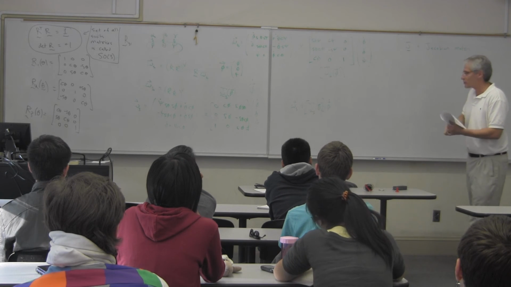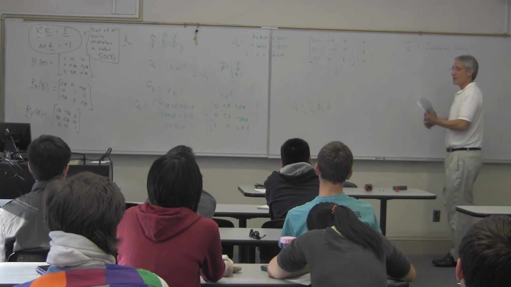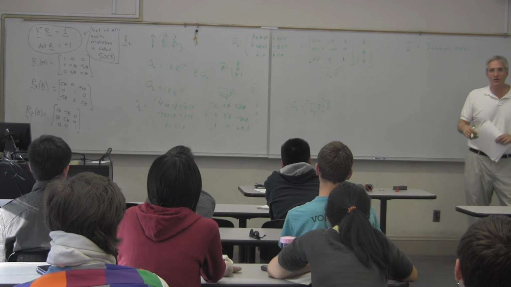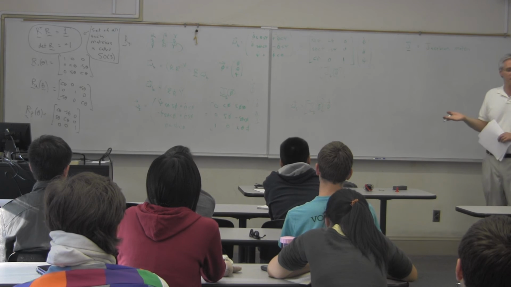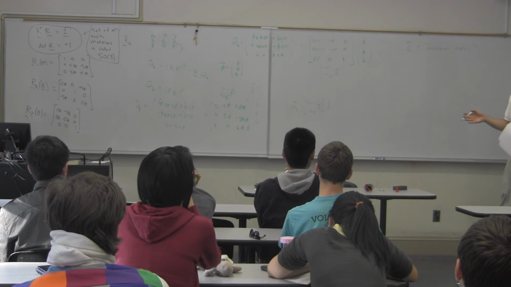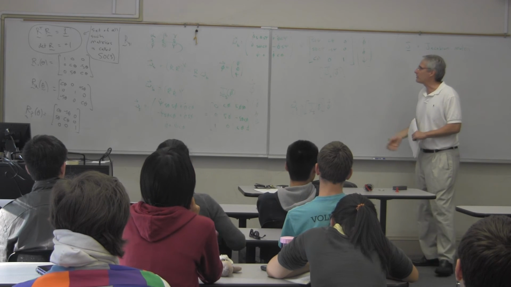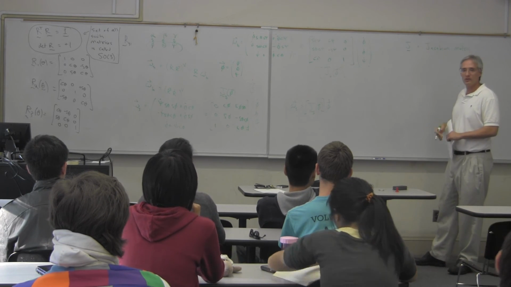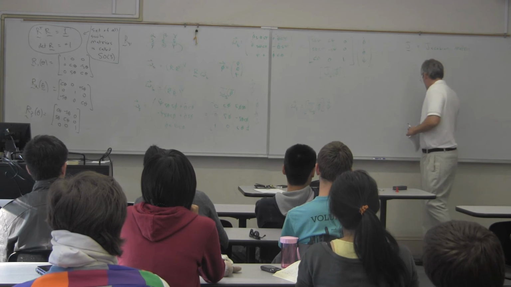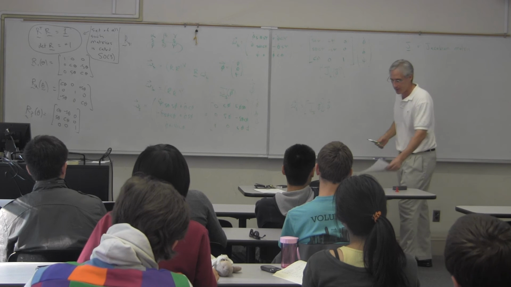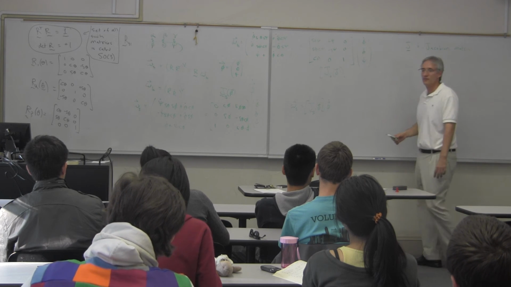But to invert a matrix, it has to be invertible, right? Now, what is the condition for a matrix to be invertible? That's right. The determinant cannot equal 0. So let's calculate the determinants of these matrices and see what they are. And that will tell us if we can invert them or not.